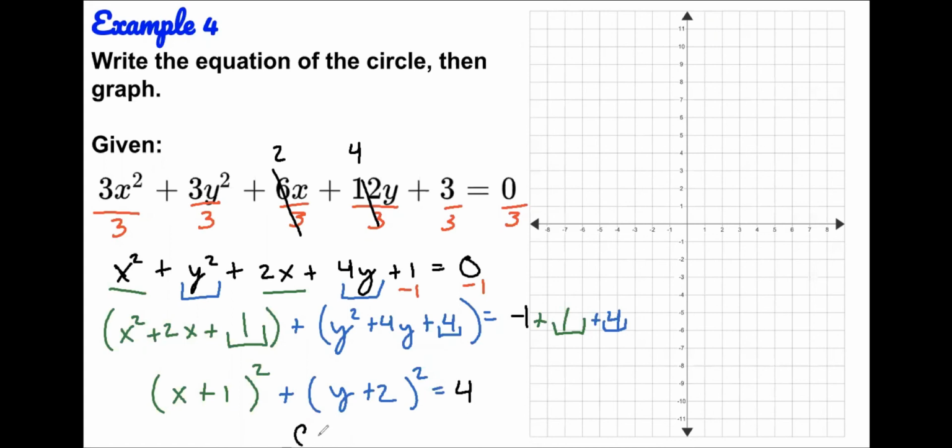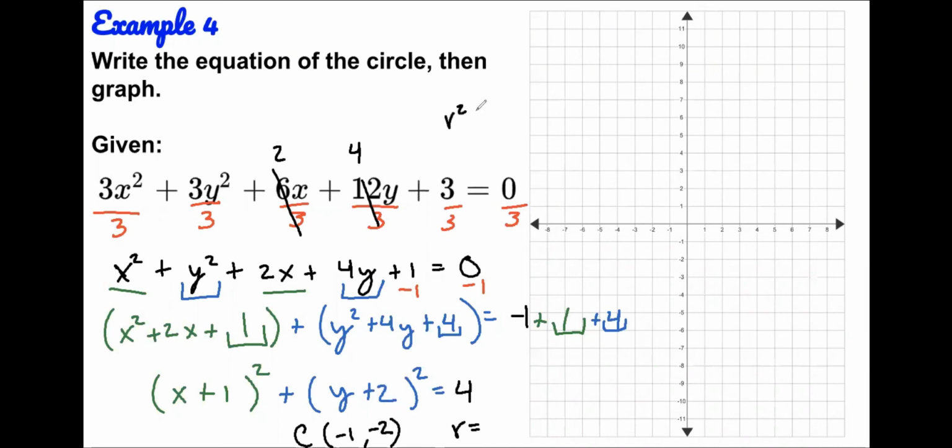So let's go ahead and identify our center and identify our radius. My center is the opposite of what I have in my equation. So negative 1, negative 2, my radius is r squared.